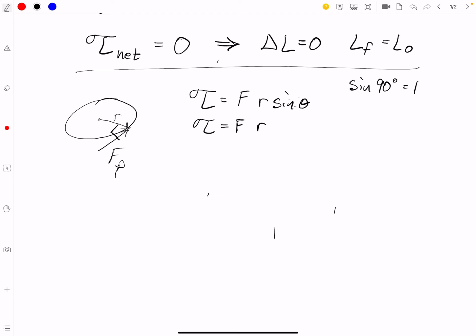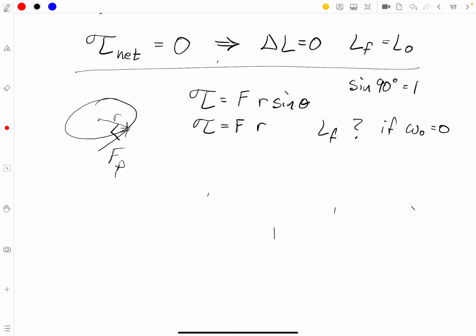Now, the question is, what is the final angular momentum, LF, if it starts from rest? So LF if omega naught equals 0. Okay.